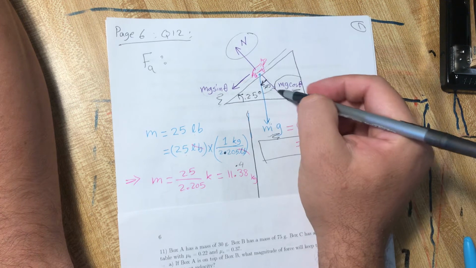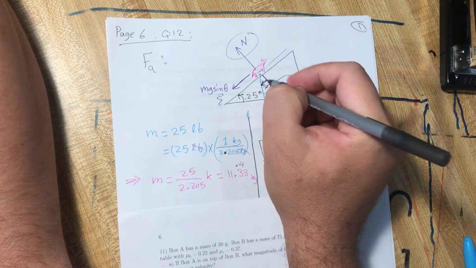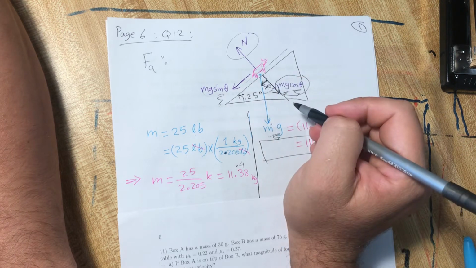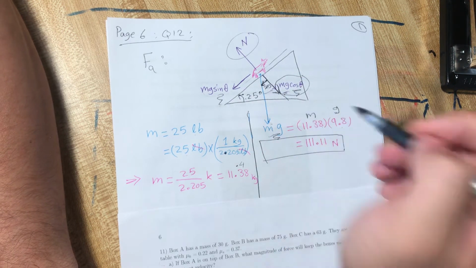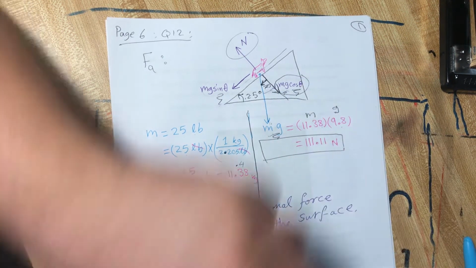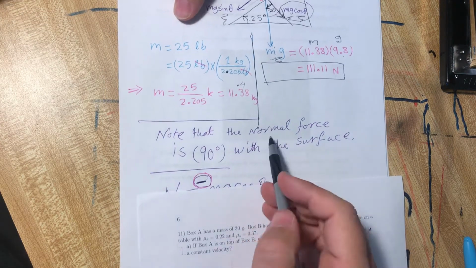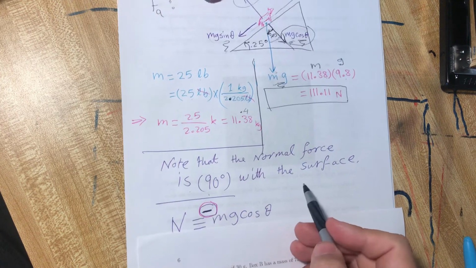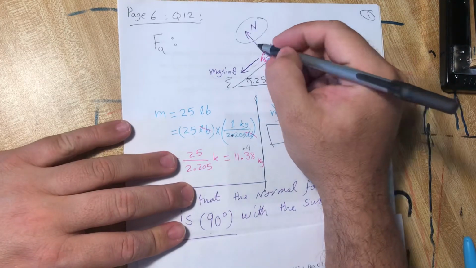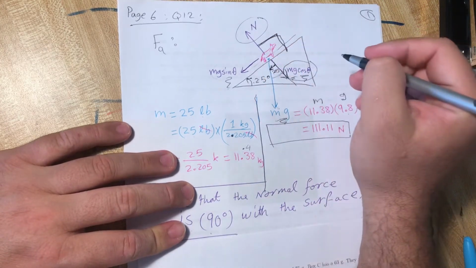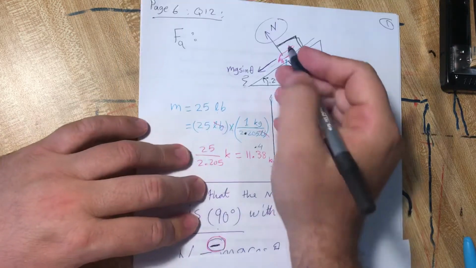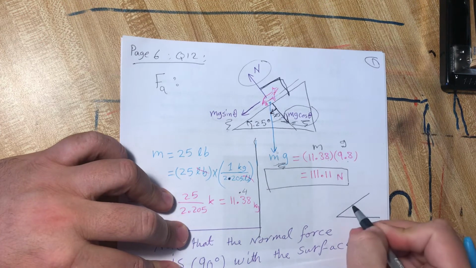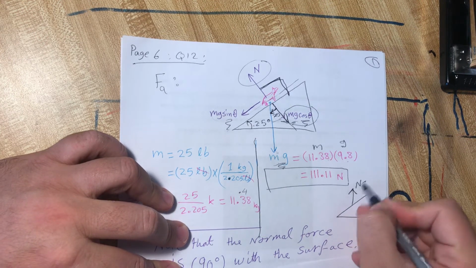The normal force is related to the other normal force in our surface. Note that the normal force is 90 degrees with respect to our surface. The normal force is always at 90 degrees. It is not upward. If you draw it this way, that's wrong.